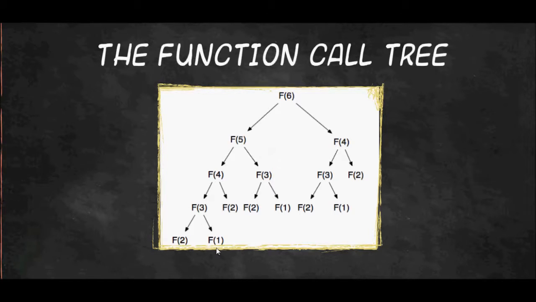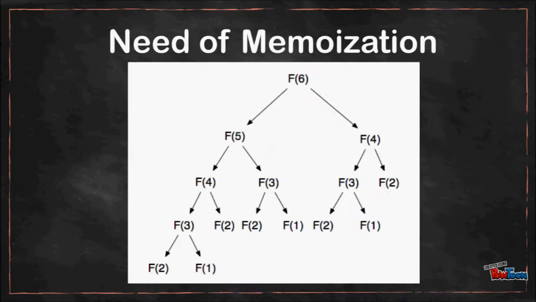To find f3, we go down to finding f2 and f1. So as we can see, all the branches of the tree are ending with the terminal cases of f1 and f2. So we are building the complex problem of finding f of 6 from the elementary subproblems of f1 and f2.